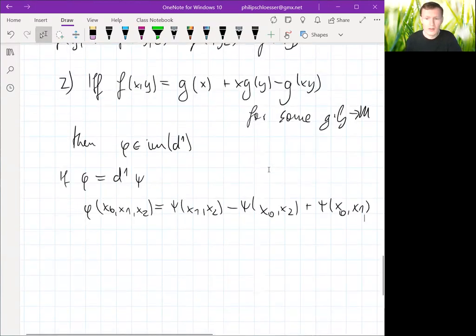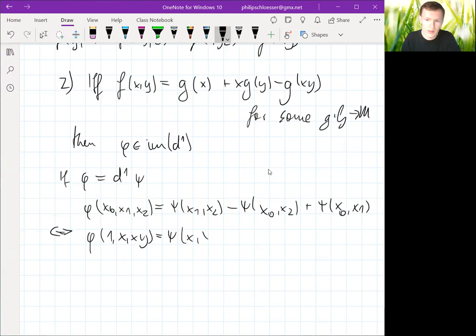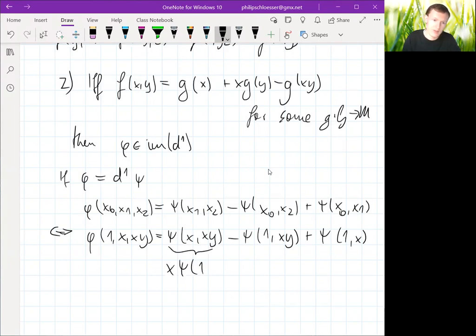So that in a specific case, for example, phi of 1, x, xy, we have psi of x, xy minus psi of 1, xy plus psi of 1, x. And well, again, we can use linearity here, pull out a common factor of x.